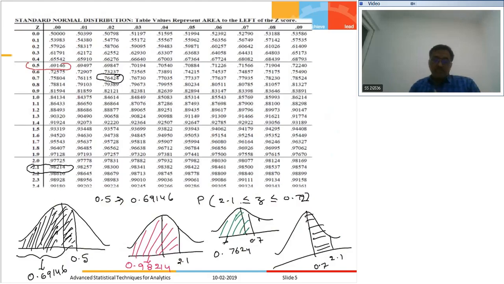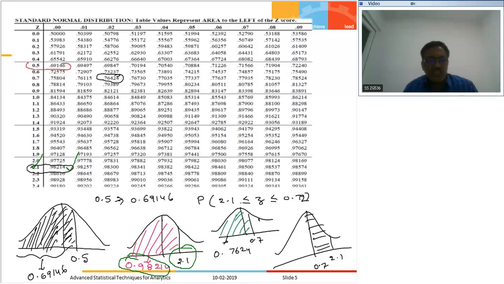Now if you see here, I think this is the one we already discussed. 2.1 is the Z value, right? Then the corresponding area under the normal curve, or probability, is 0.98214. That means the total probability under this region is 0.98214.